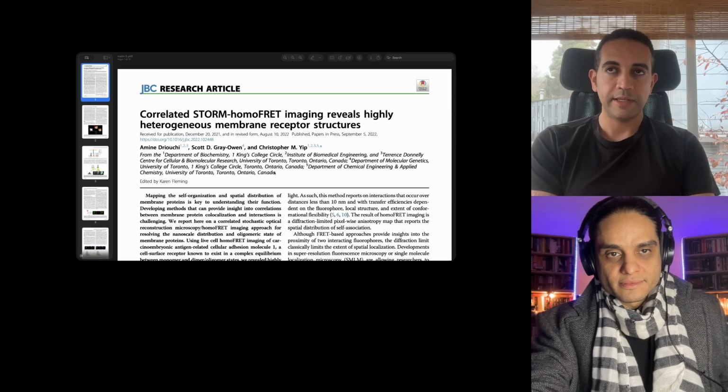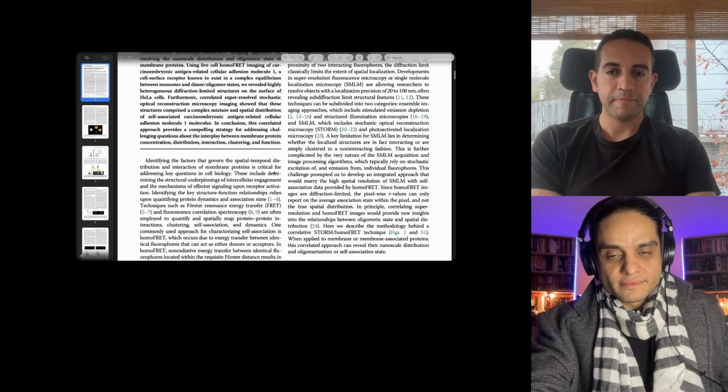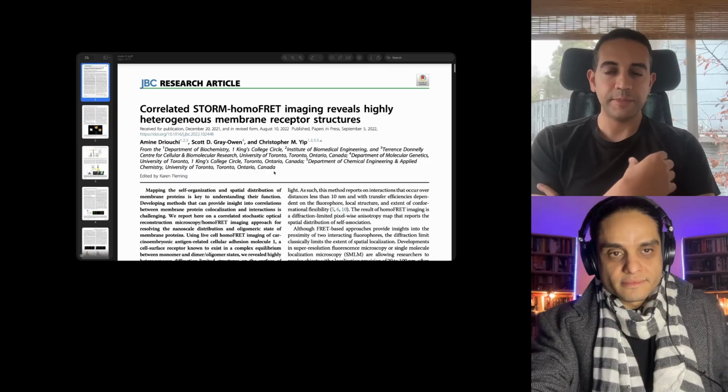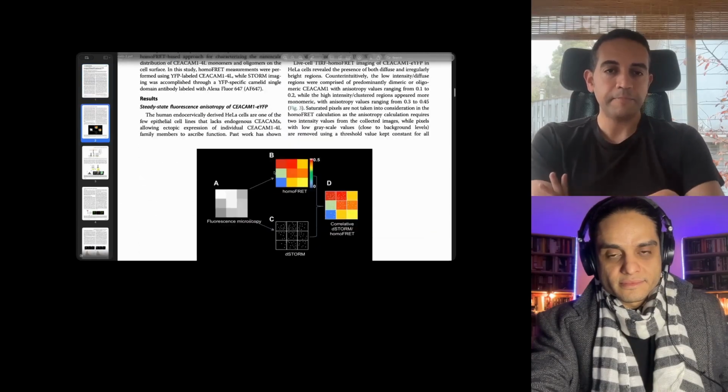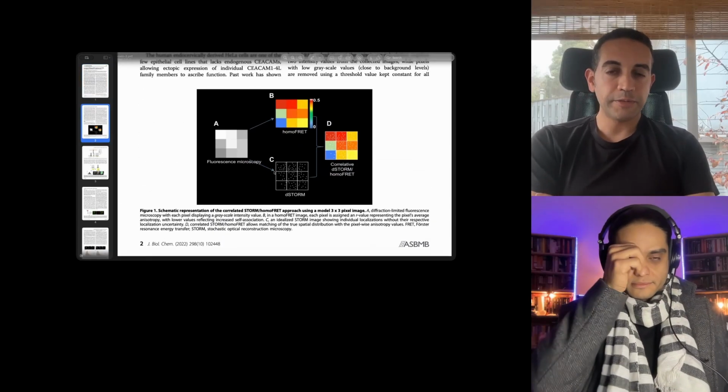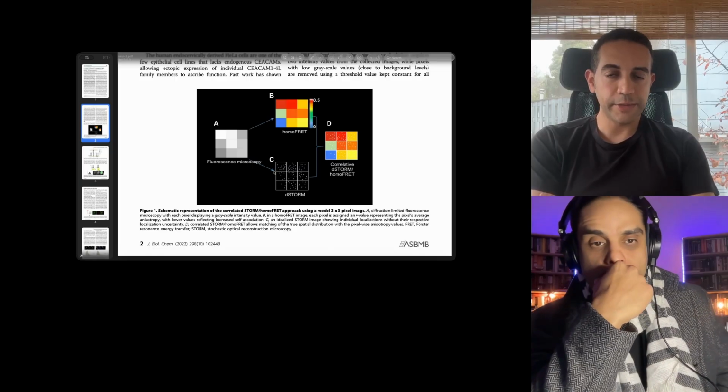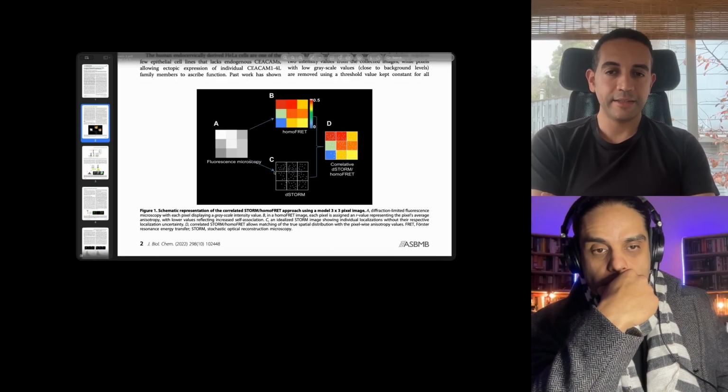So the spectral properties get modulated. In this case, this is not what we're doing. We're doing homo-FRET, which is two identical fluorophores that you're exciting using polarized light.